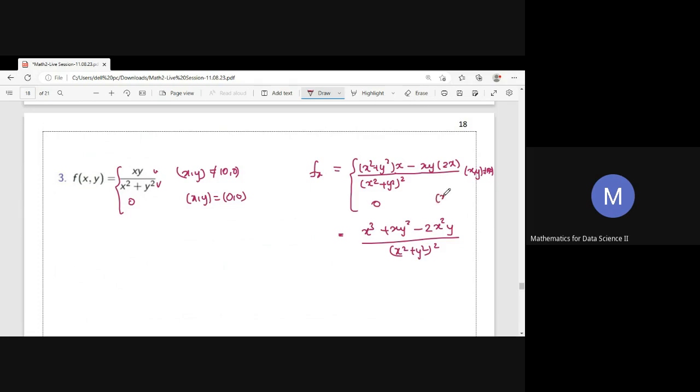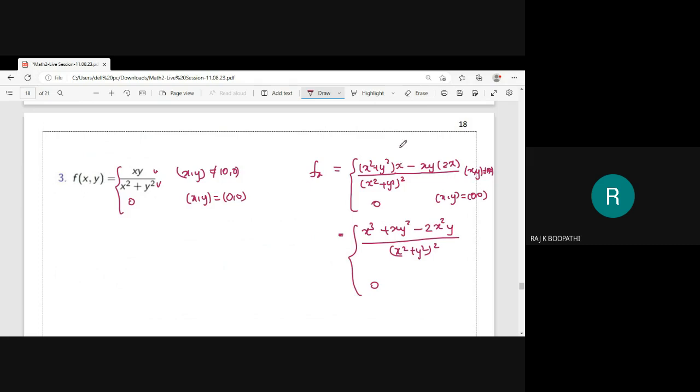Okay, and here x comma y equal to 0 comma 0. Did I make any mistake? Everything is fine, right?